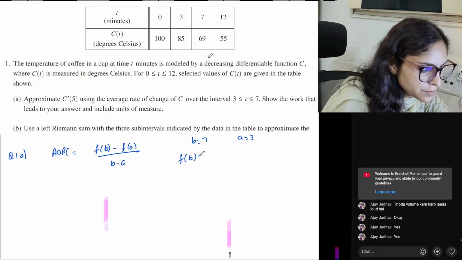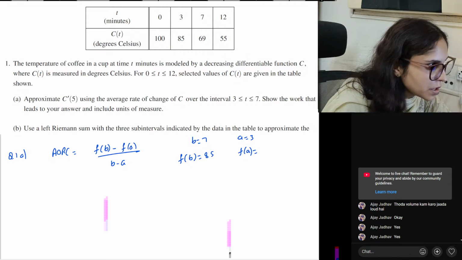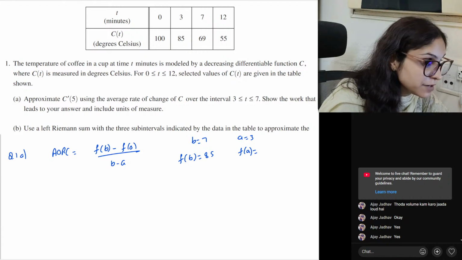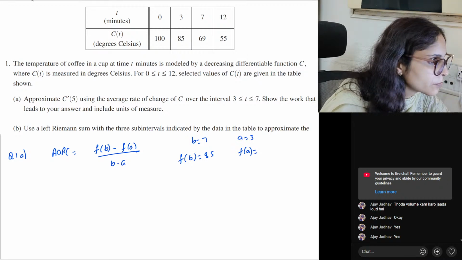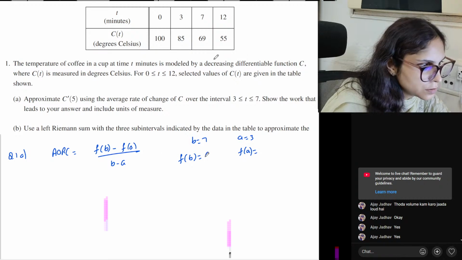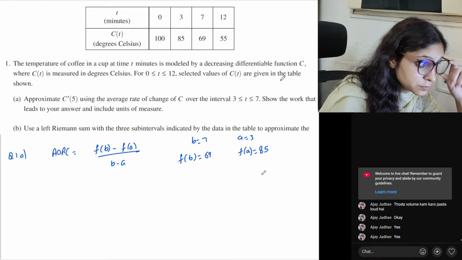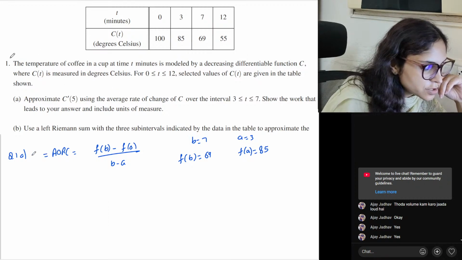Now f of a is 85 and f of b is 69. So this average rate of change is equal to C derivative of 5.